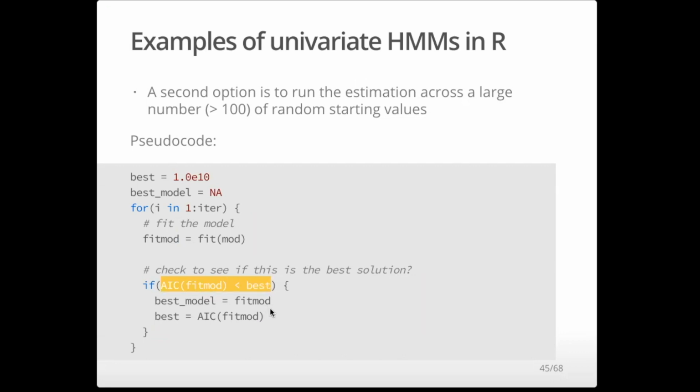If it is, we keep it, and if not, we move on to the next one. Especially in some of the applications I've been working on, where we have a large number of states, say 4 to 5 states, and hundreds or thousands of data points, it's fairly easy for the likelihood to trick us, because it's relatively flat in places and hard to maximize. So we often have to run this hundreds or thousands of times to verify that we're in the best spot.